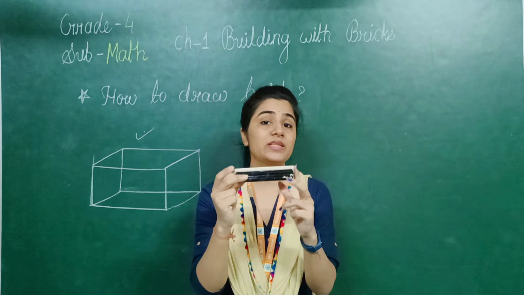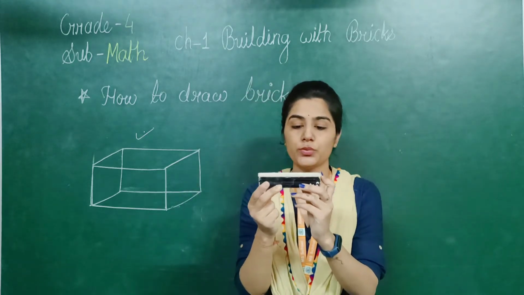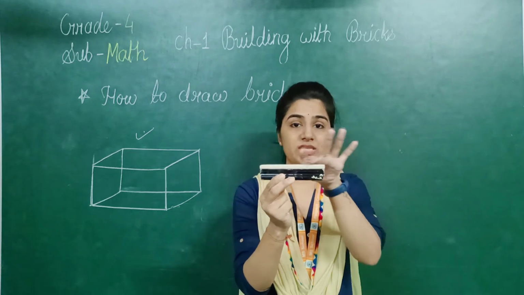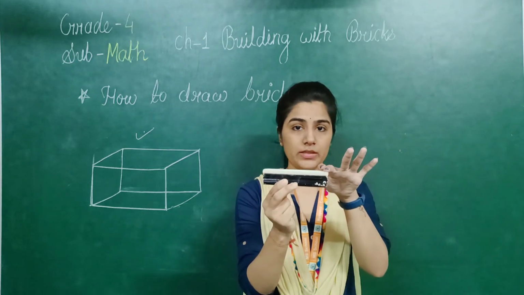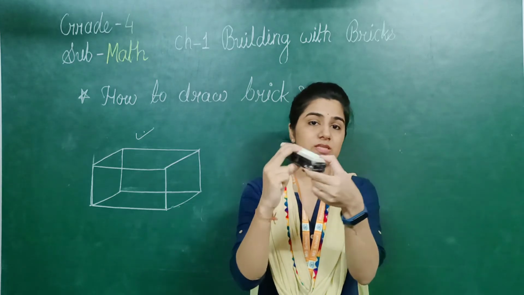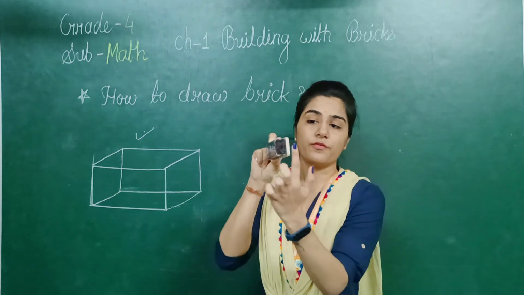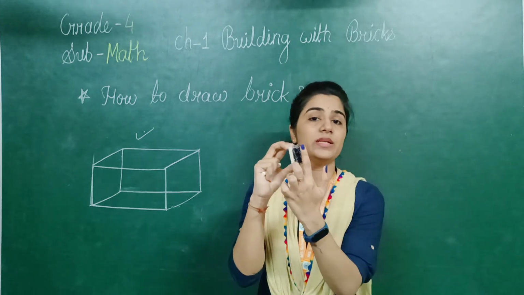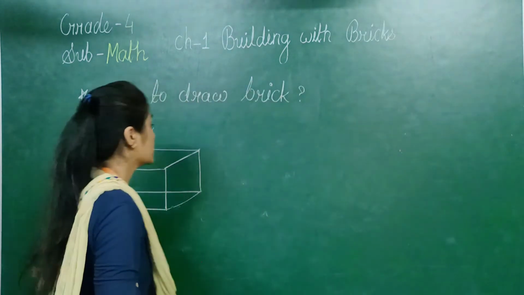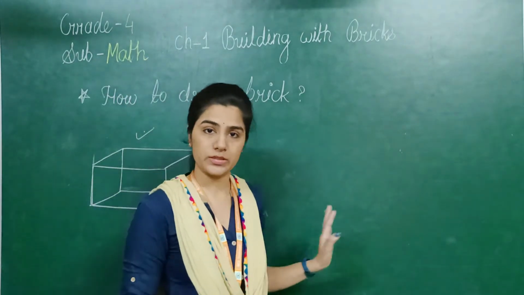And how many sides are visible in this duster? See, this is the first side, this is the second side, after that this is the third side, this is the fourth, fifth, and another side, sixth. That means this brick also has 6 sides, right?